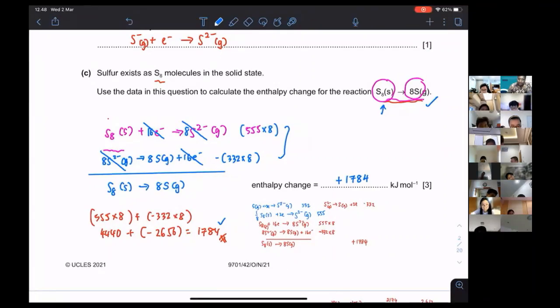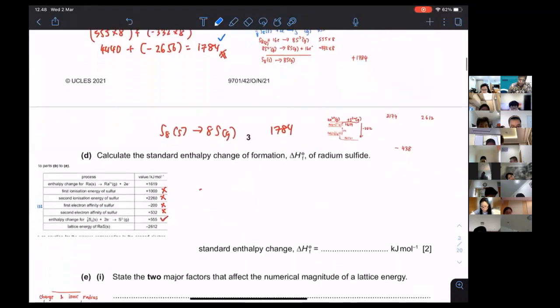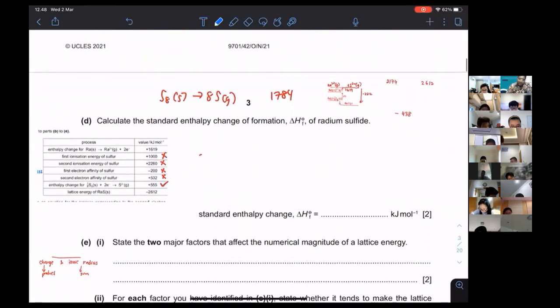So if you move on, they are asking you to calculate the standard enthalpy change of formation of radium sulfide. Just to minimize distractions over here, I'll try to erase a little bit here. I think this one is important.